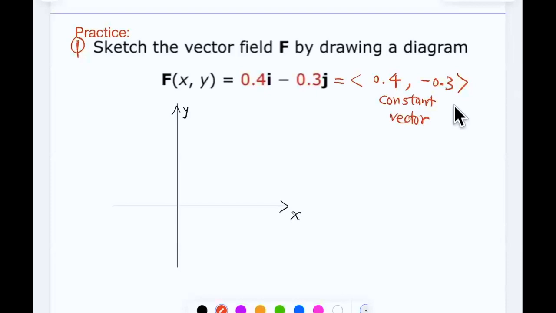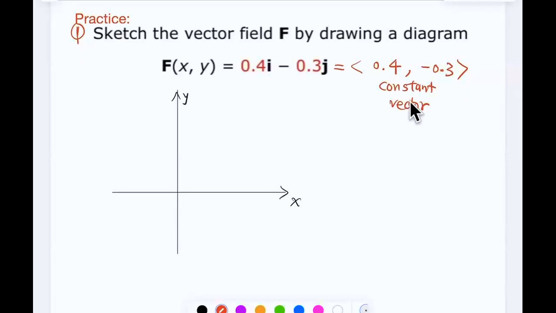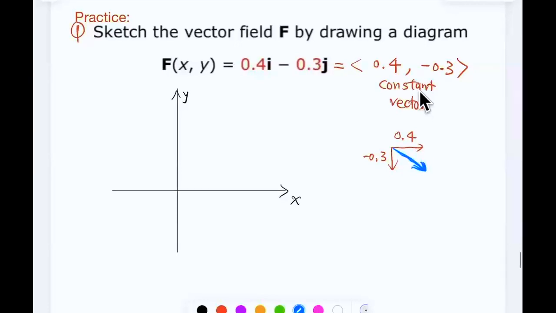So how does it look? Along the x direction, you're going to go 0.4, and then along the y direction, you're going to go down 0.3. So the vector is going to look like this. For every point over here, you're going to have this vector.